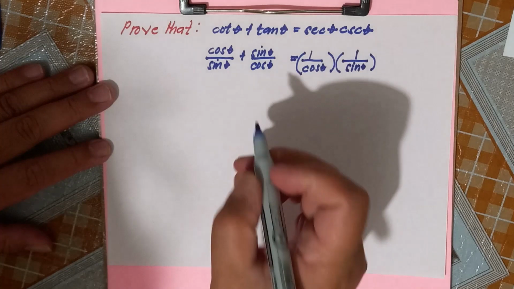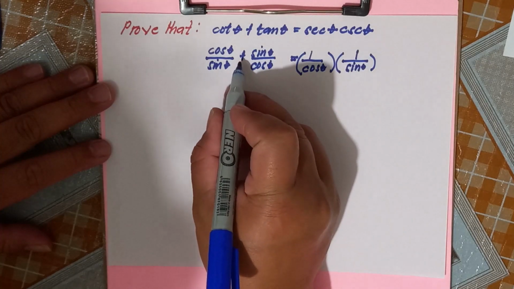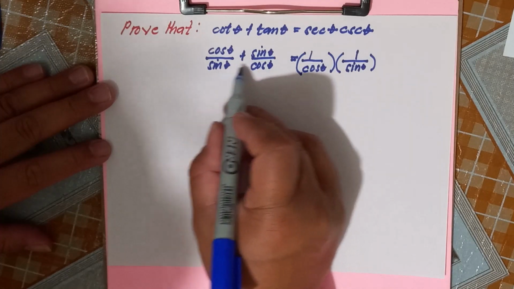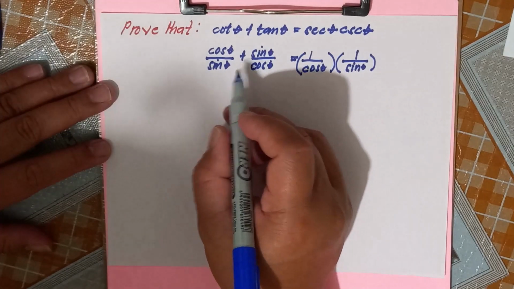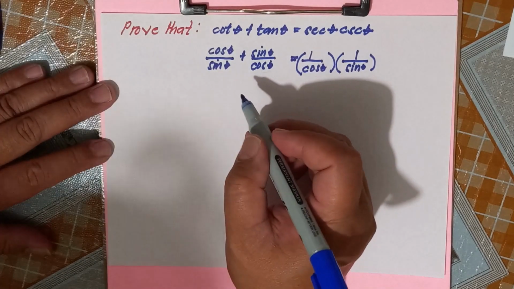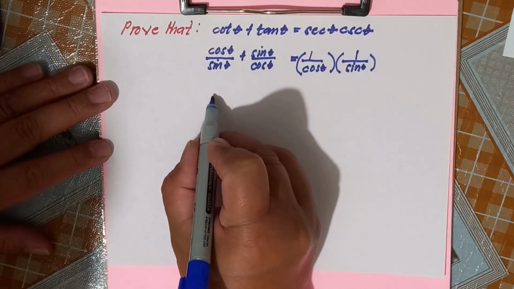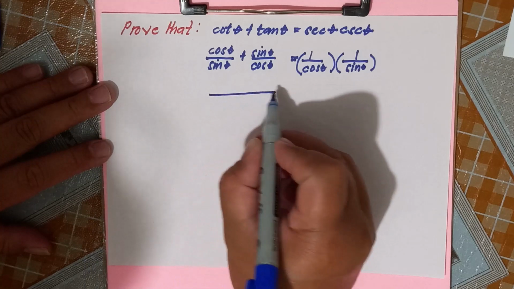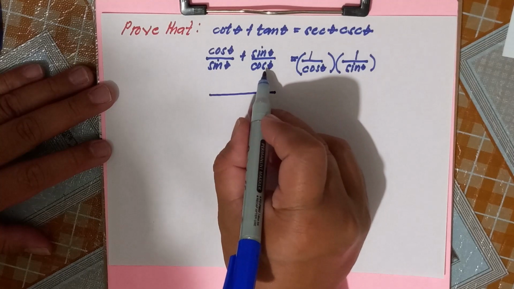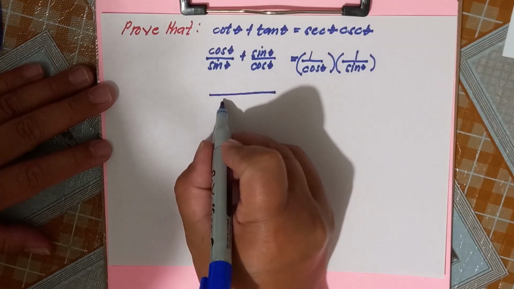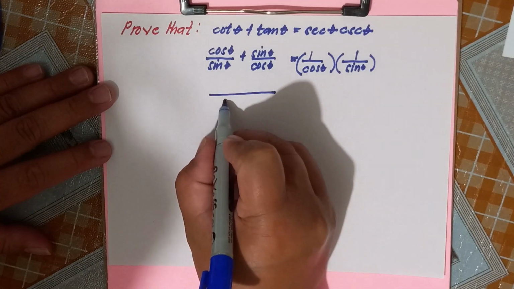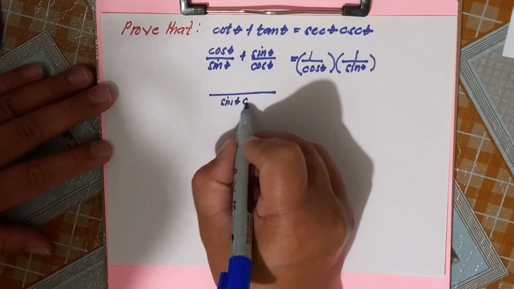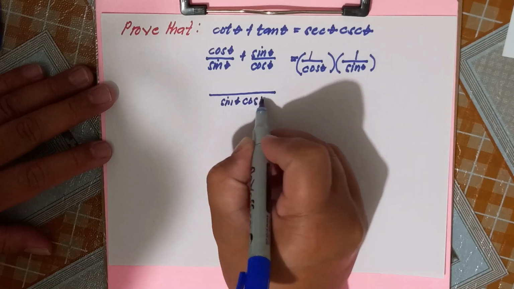Notice that we have to work according to the operation we have here, which is addition of fractional forms of the identities. If we are going to add fractions, we have to get the LCD. The LCD is the product of sine theta and cosine theta.